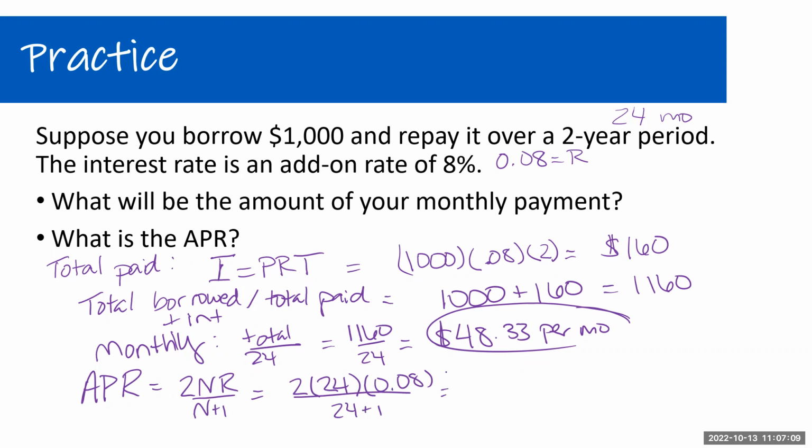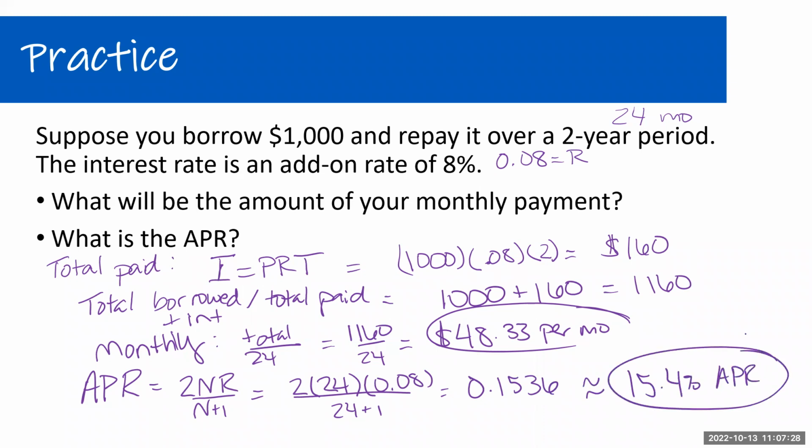And remember to use the math print in your calculator or use parentheses, whatever you need to do to make sure that your order of operations is squared away here. If we plug this into our calculator carefully, we're going to get about 0.1536, which is going to give us somewhere around 15.4% for your APR. Okay, that's a whole lot higher than the 8%. If you didn't get this answer on your own, make sure that you pause and go back and find your mistake.